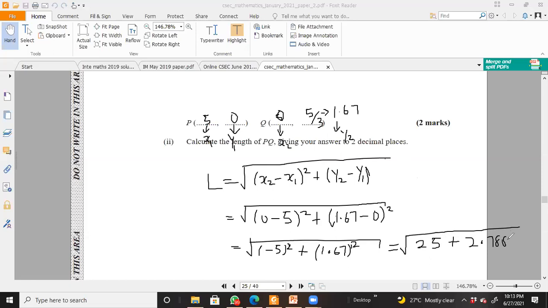We want to make sure that you get the right answer. So let's work it out. Add it to 25, and we get 27.7889.